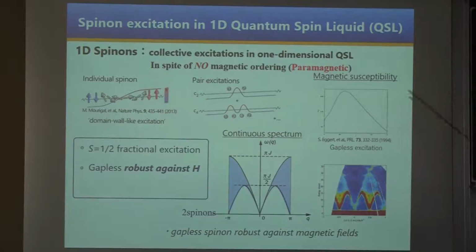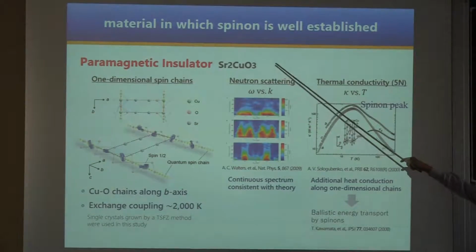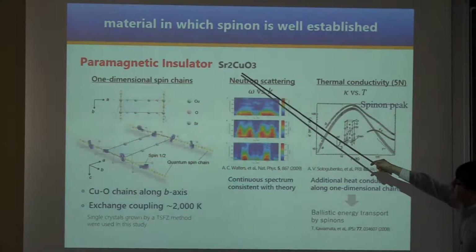And magnetic susceptibility as a function of temperature has a positive slope like this in this temperature range, which means that the spin polarization of spinon is positive. Okay, a famous material in which spinon excitation is well established is strontium copper oxide 213.